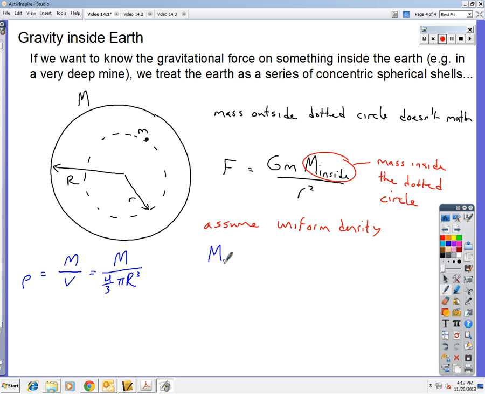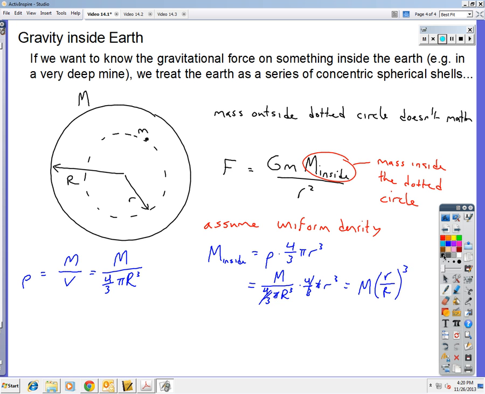And then the mass contained inside is equal to the density times the volume of the small sphere, 4/3 pi little r cubed. Plug in rho, and we have M over 4/3 pi big R cubed times 4/3 pi little r cubed. The 4/3 pi cancels, and so this is M times the ratio r to big R cubed.